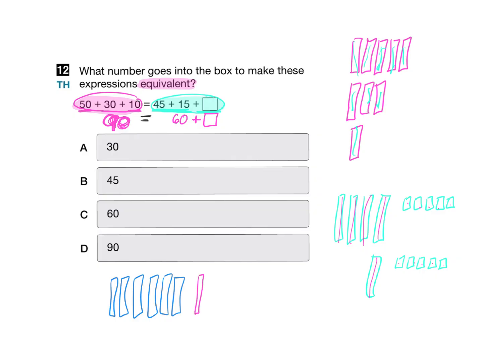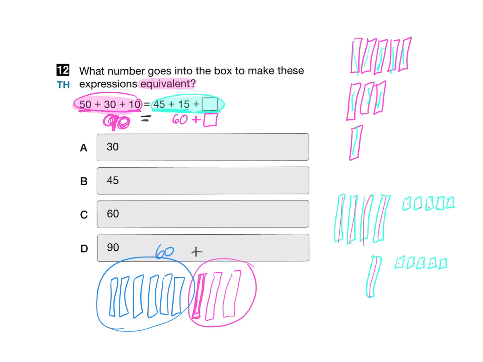How much is that? 70. And then another 10 is 80. And then another 10 is 90. How many more did I draw to get to 90? This was my 60, and I drew 3 more. Each one represents 10: 10, 20, 30. 30 more to get to 90.